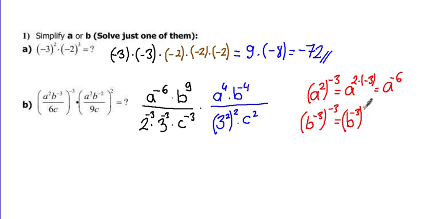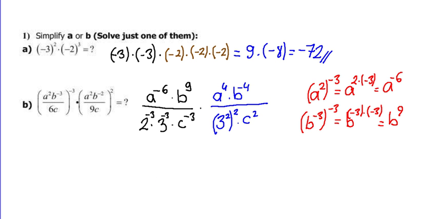We don't need parentheses. Just minus 3 times minus 3, which is equal to b to the power of 9. And we use this property for every term in the parentheses.